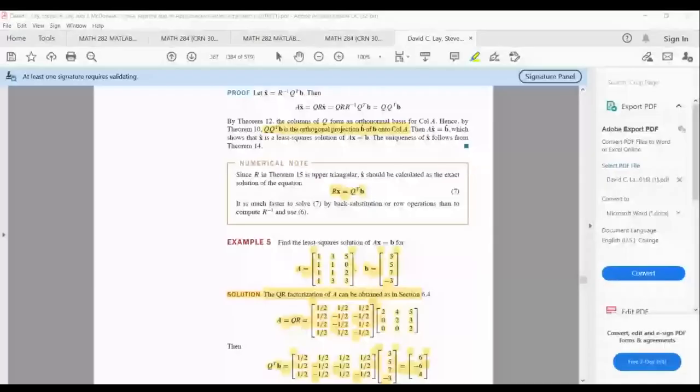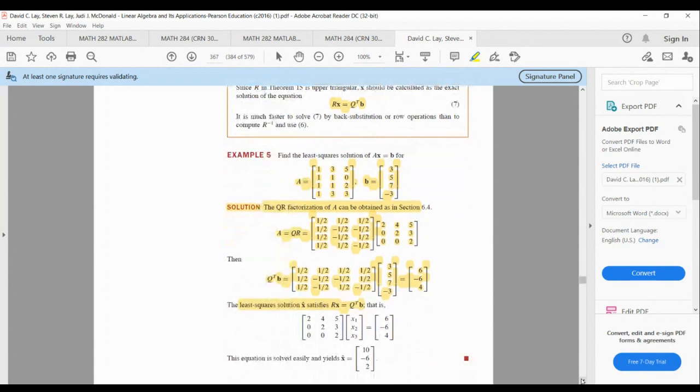okay. Here's that equation, R times X equals Q transpose times B. And so in example 5 below, they get Q transpose times B, which is equal to 6, negative 6, and 4.